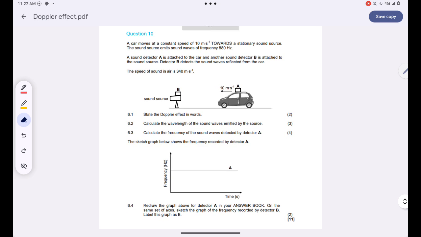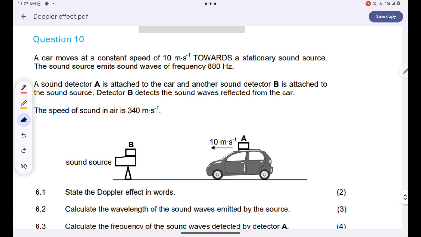And then 6.2, they want us to calculate the wavelength of the sound waves emitted by the source. I know that frequency multiplied by wavelength is equal to the speed of sound in air. My frequency is 880 hertz. The wavelength is what I do not know, but I know that the speed of sound is 340. So my wavelength is simply 340 divided by 880.